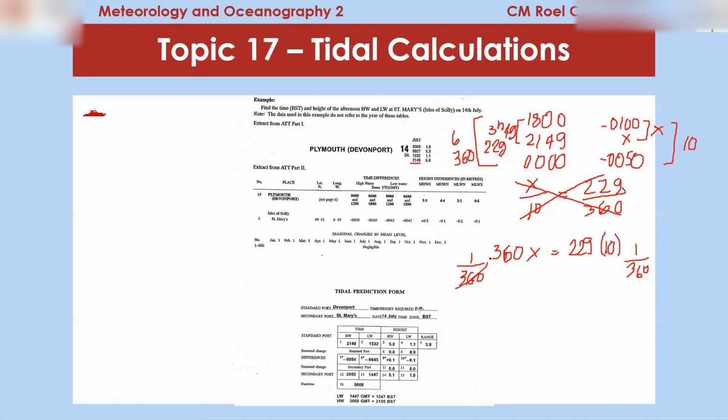Okay, so cancel na to. Cancel, maiwan x. So 229 or 2290 times 1 divided by 360.